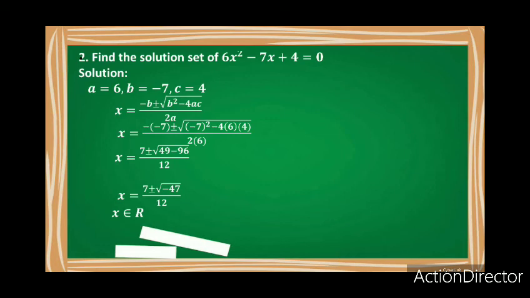We will substitute the values of a, b, and c in the quadratic formula and the result will be x equals negative times negative 7 plus or minus the square root of negative 7 squared minus 4 times 6 times 4, over 2 times 6. After computing, the result will be x equals 7 plus or minus the square root of negative 47 over 12. Since the value of x is an imaginary number, x is not an element of the reals.